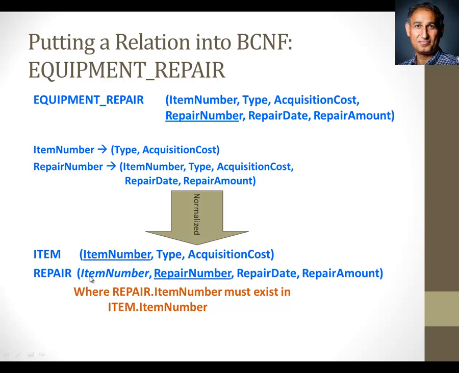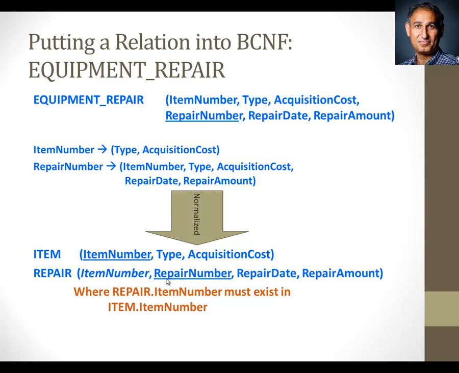They are connected with a foreign key, which is the item number. The item number is the primary key in the first relation, and the repair number is the primary key in the second relation, which is the repair relation.